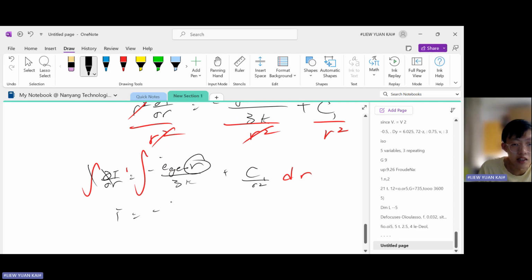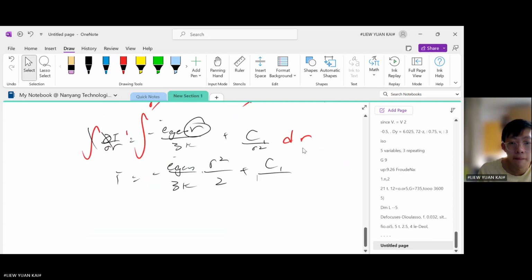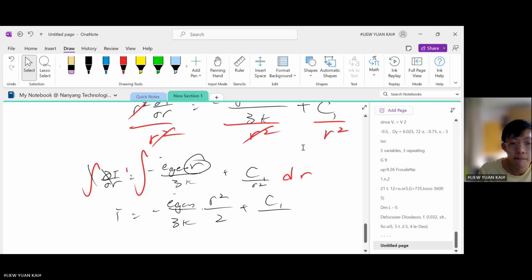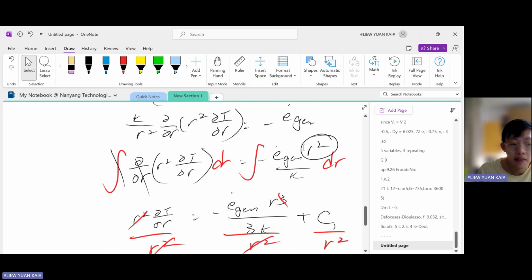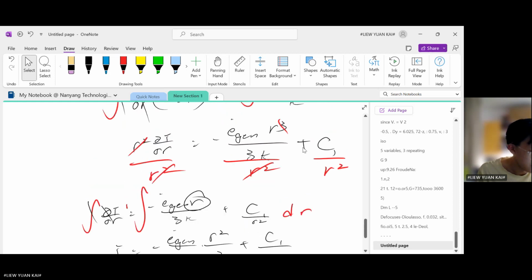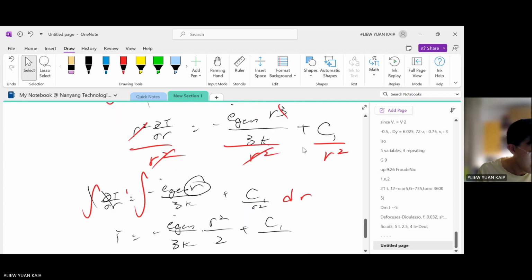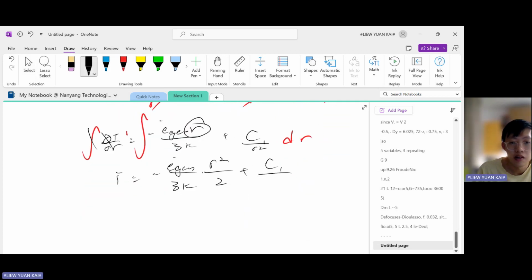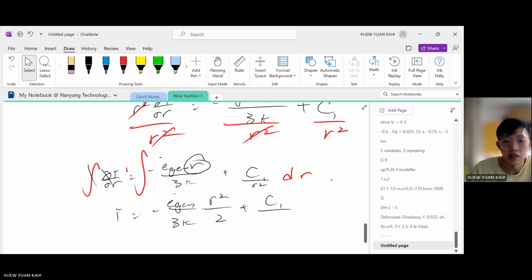Then integration of r is simply, let me write this down. So power plus 1, so r squared divided by the new power, plus c1. Let's integrate this.